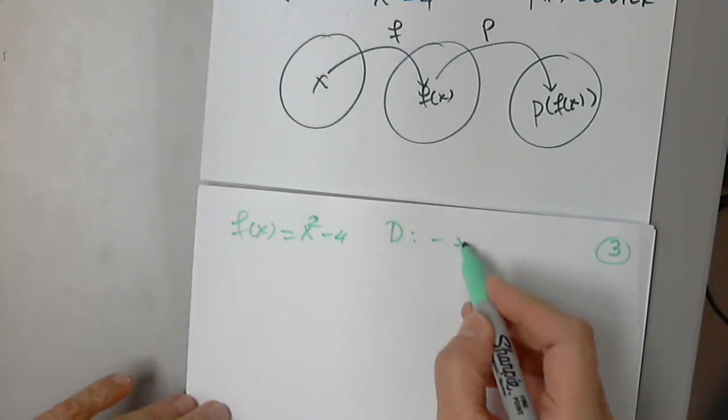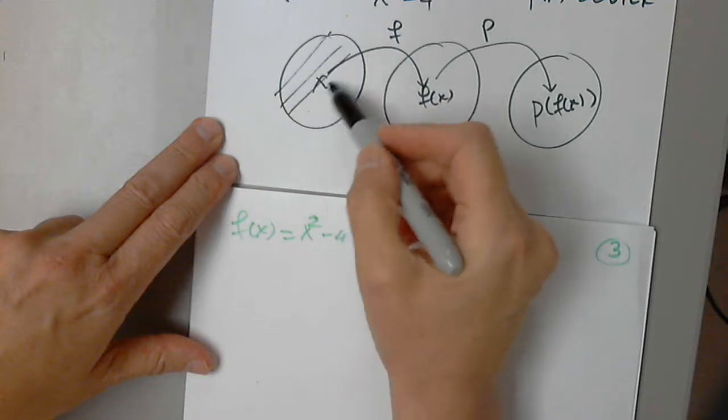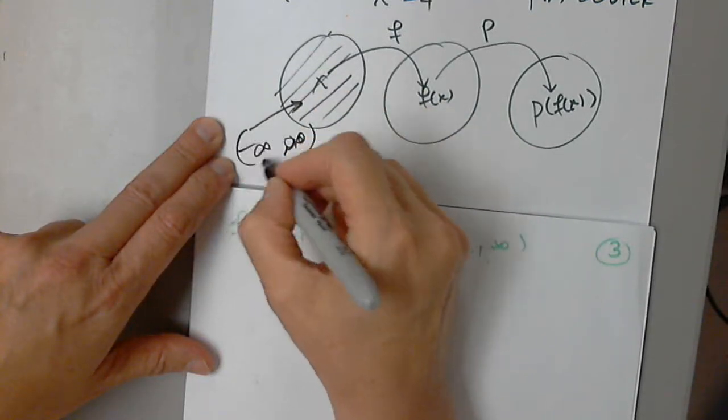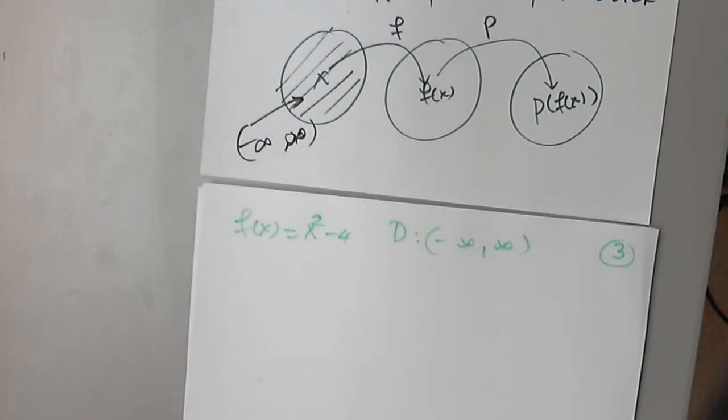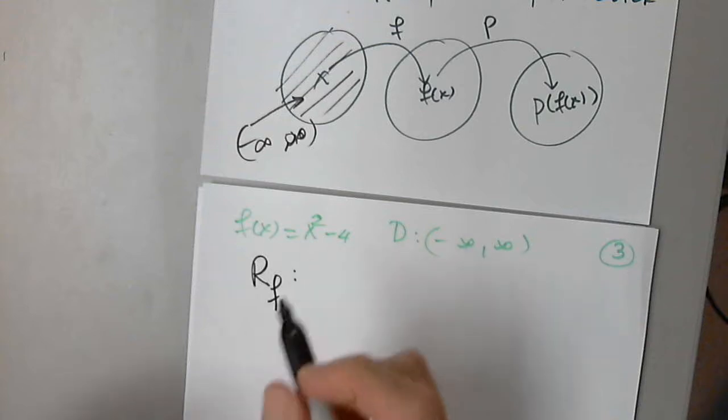Thinking is not required when we talk about the domain of polynomial functions. There is no thinking involved here. Okay, but now when we talk about the range, that's a different story. So I know this is negative infinity to infinity. No questions there.